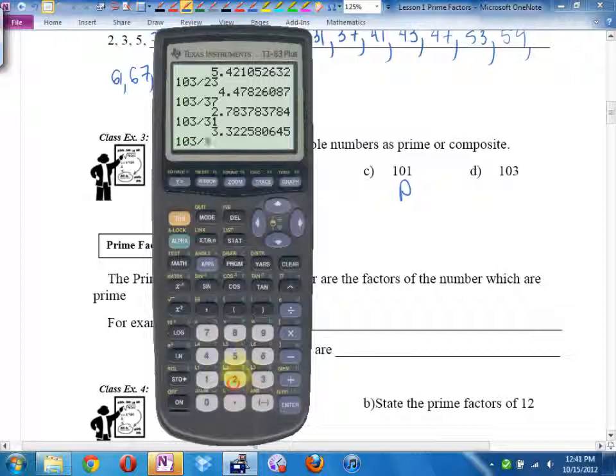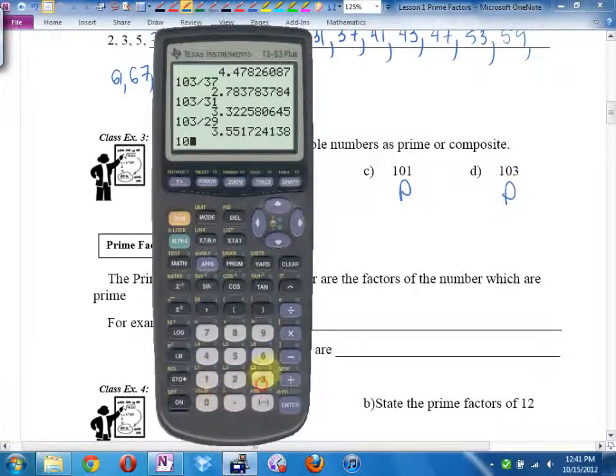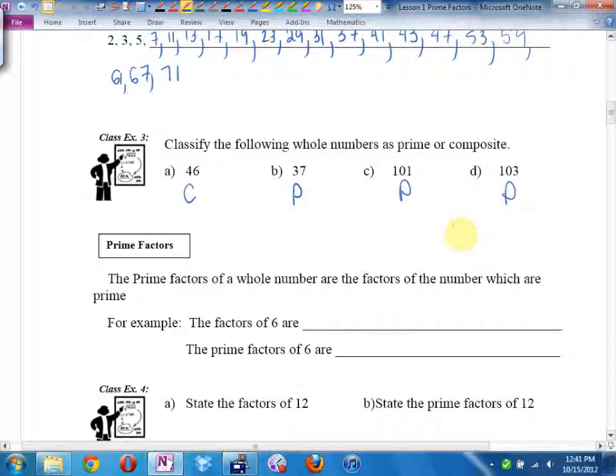Did I try 29? I can't remember. I think it's prime. 57? Now, I don't even need to try that. You know why? What's 57 times 2? 57 times 2 would be 114, so 57 won't go into there. I think we're prime.